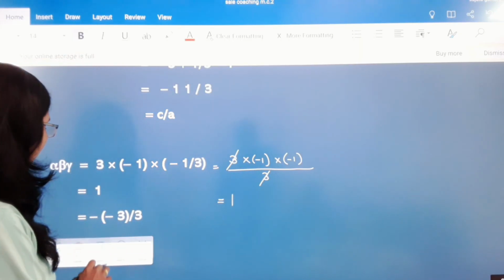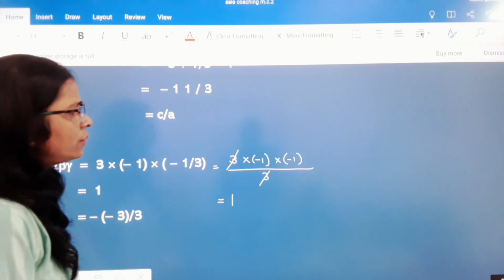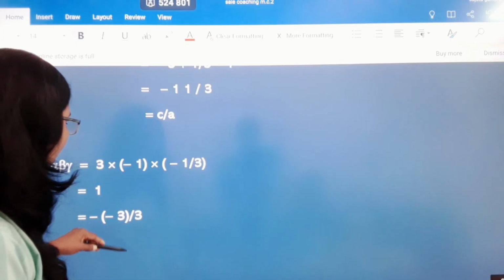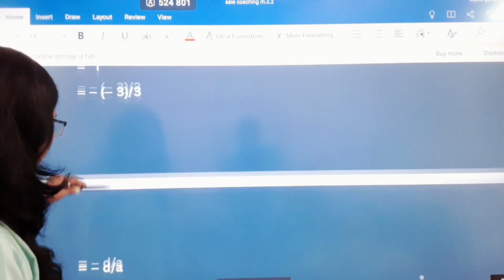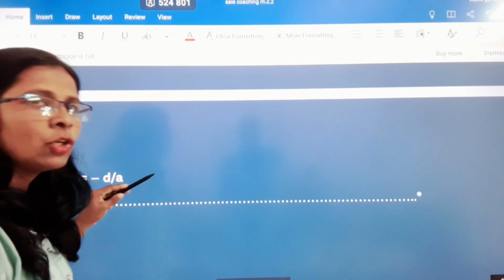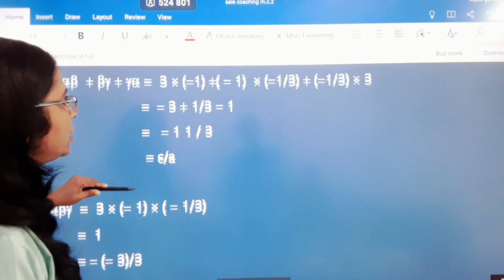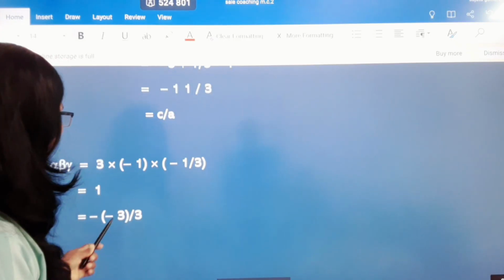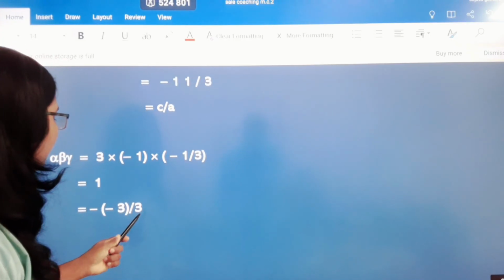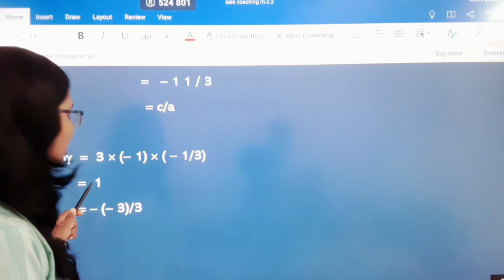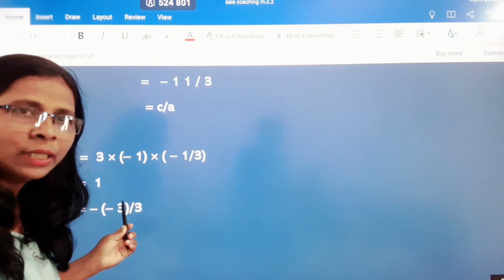And this value is also equal to -d upon a. What is the value of -d? The value of -d is -3 and a is equal to 3. So positive 3 upon 3, which is equal to 1.